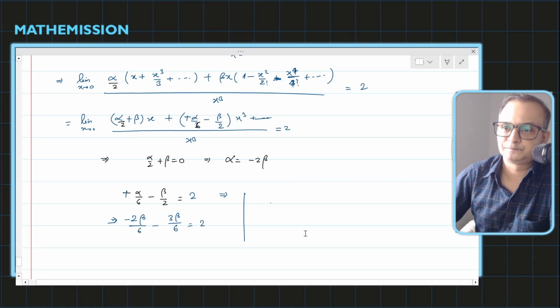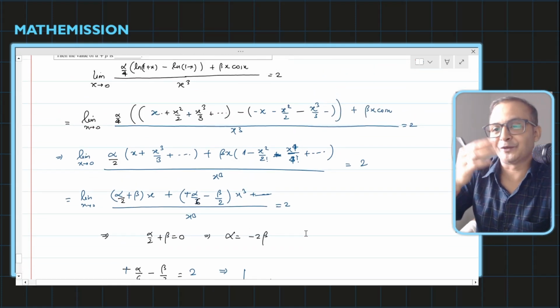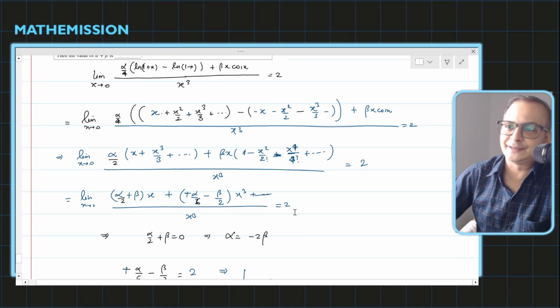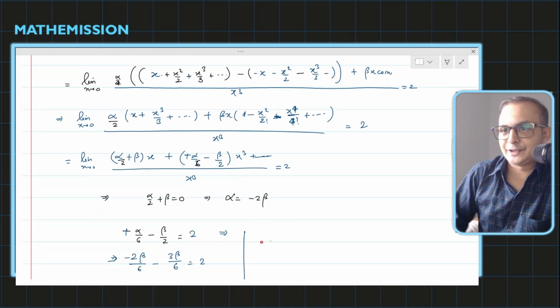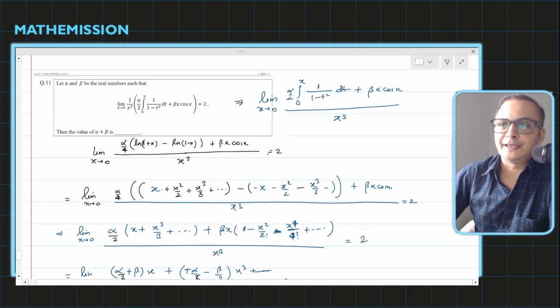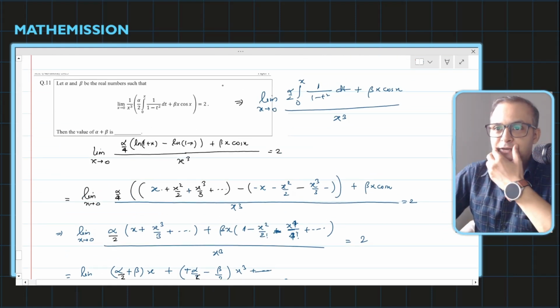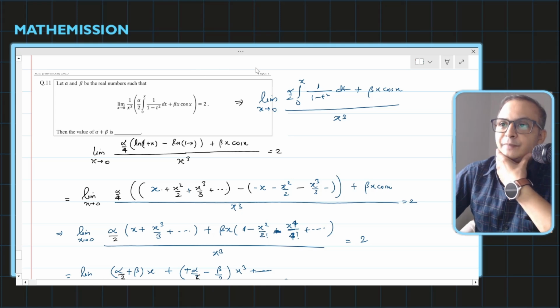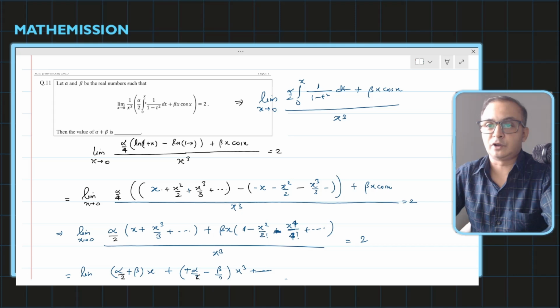So that's one thing. But while I was solving this in that way, I didn't end up with the answer, but I know that the answer will come. But while solving, a different kind of method came to my mind that I want to share with you. So let me just copy this.